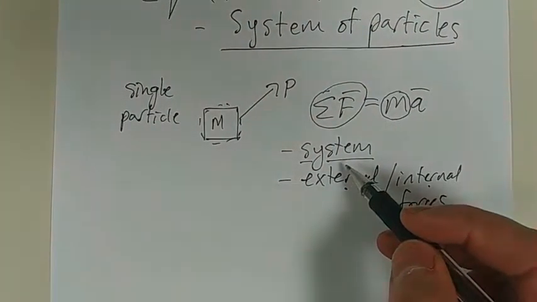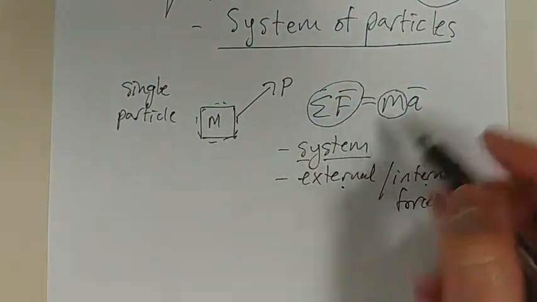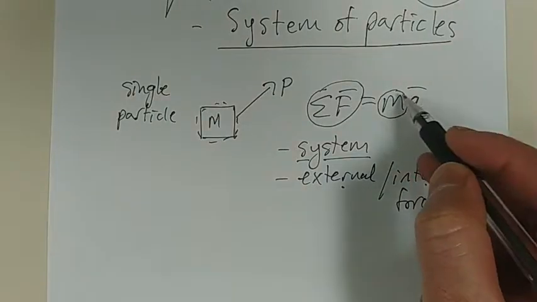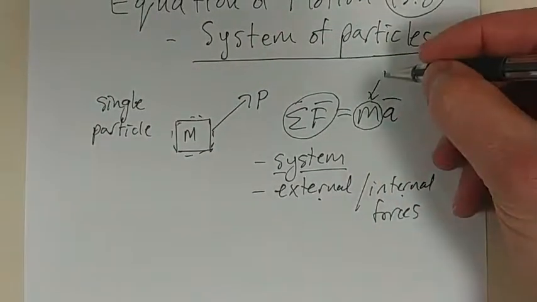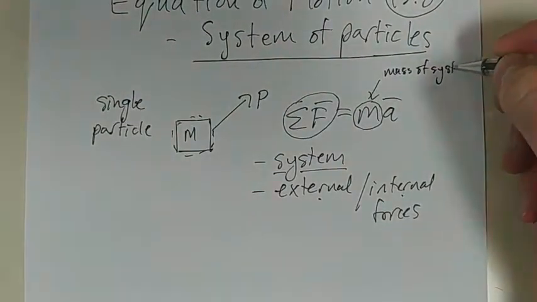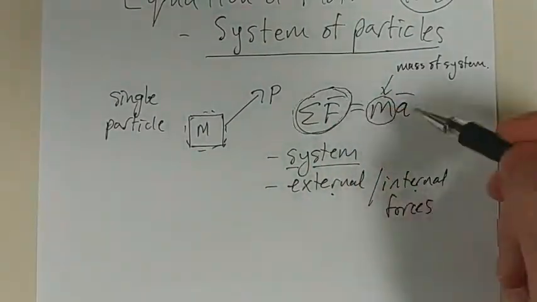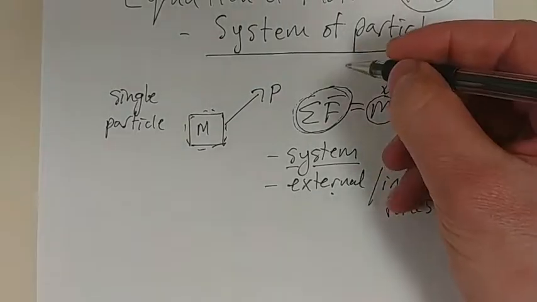And in our system, we've got one particle, and the mass here in this equation, please take note, refers to the total mass of the system. So that is the mass of the system. What about the forces now?